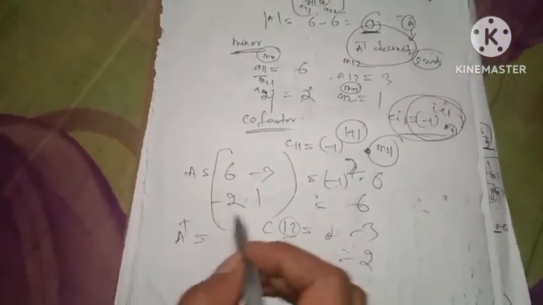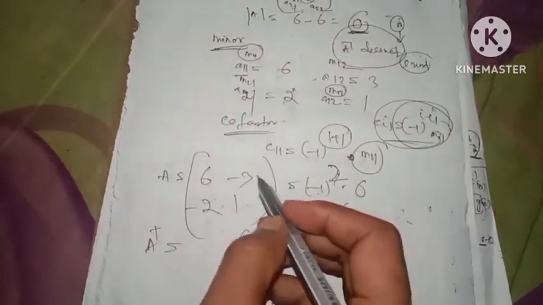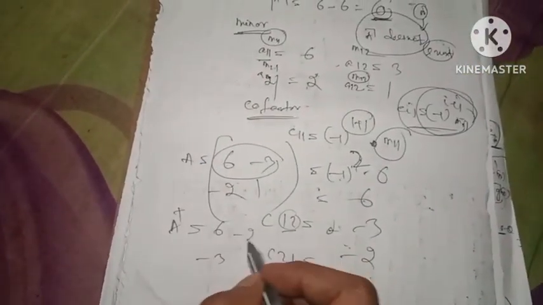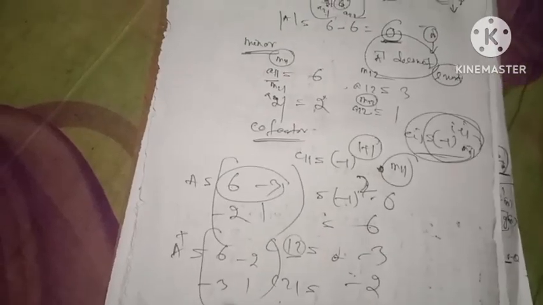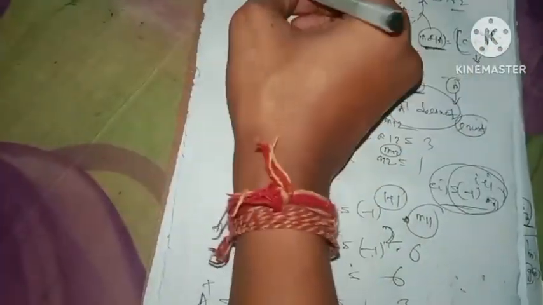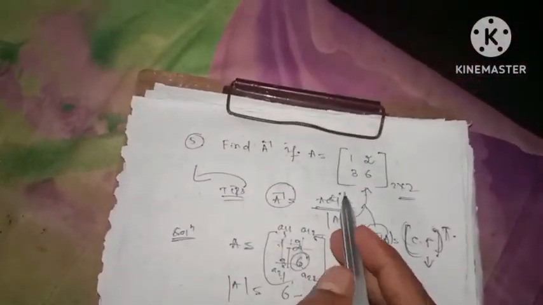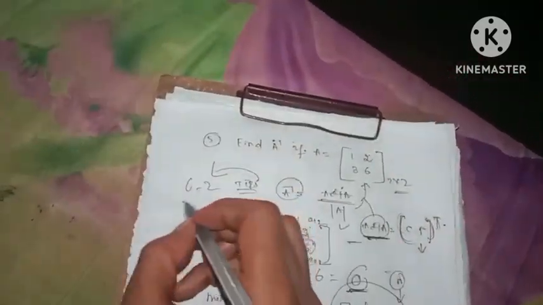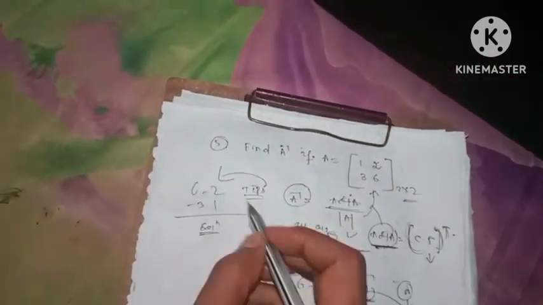Transpose means rows become columns and columns become rows. So the first row will be 6, minus 2 and the second row minus 3, 1. This is the adjoint: 6 minus 2, minus 3 1.